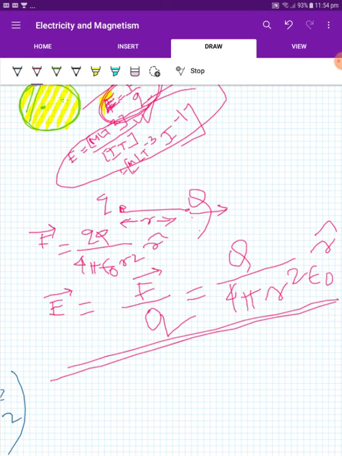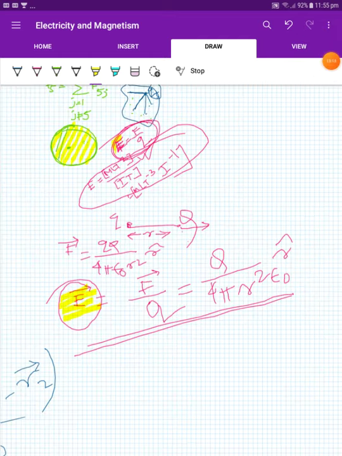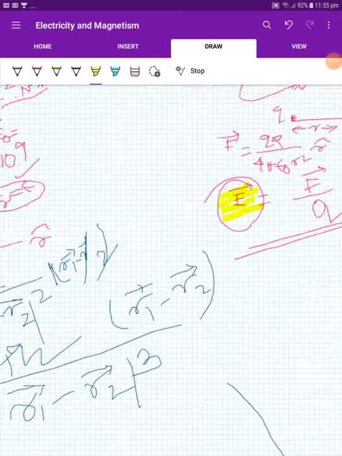Now we can show that the electric field also obeys the principle of superposition. Again I want to go back to Coulomb's law.